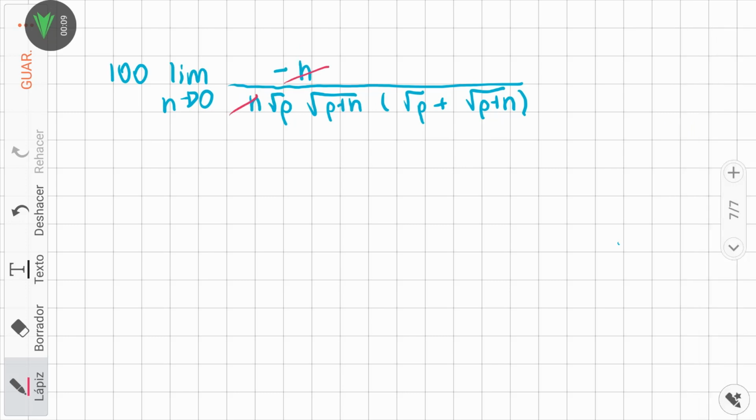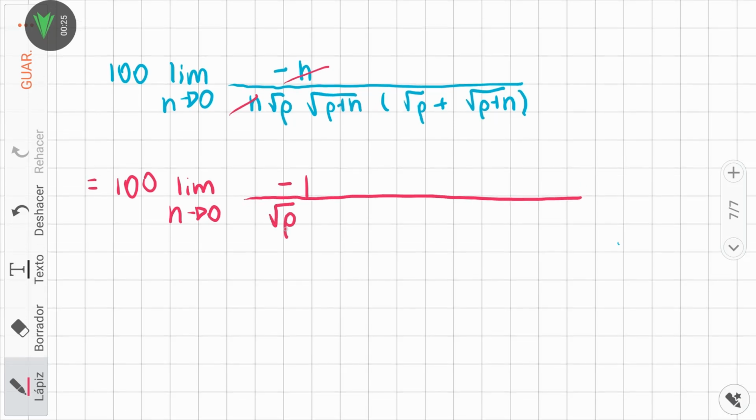So you will be left with the same thing, 100 times the limit as h approaches 0, but now we will have a negative 1 on the top, on the numerator, and the same denominator, but without our h. So it will be this p plus h, okay?